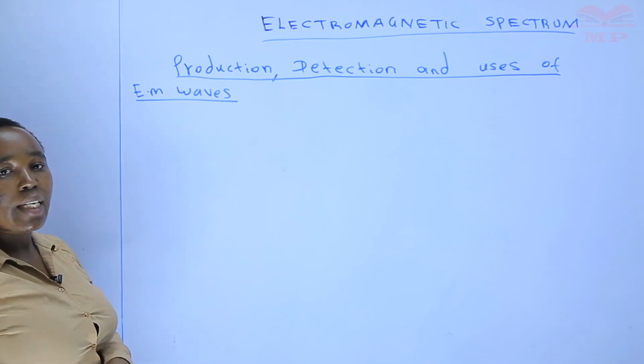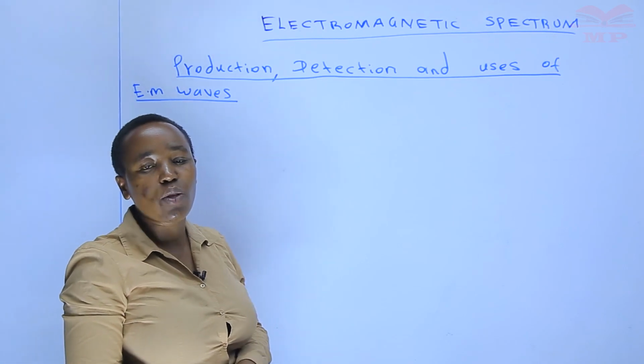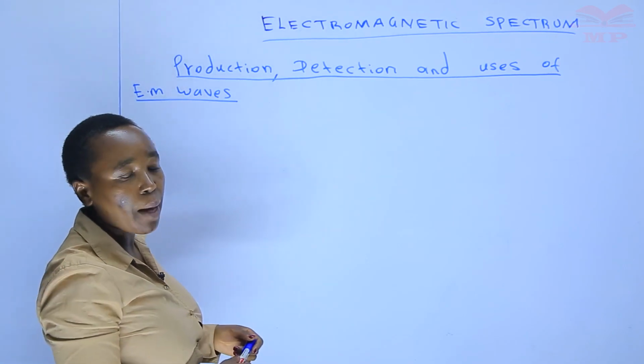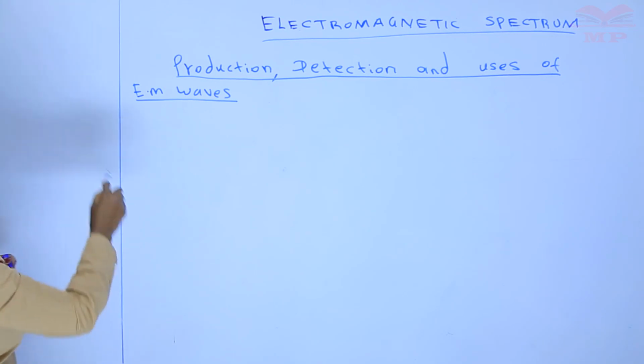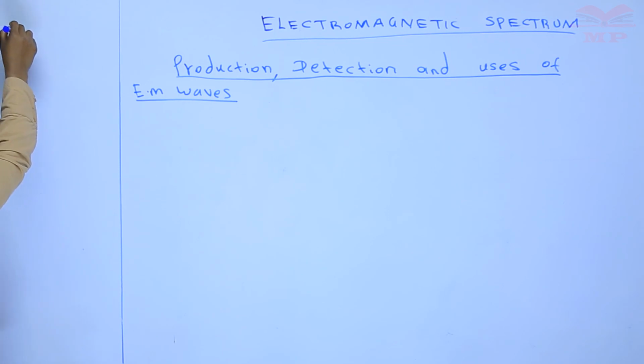Remember, we listed down those electromagnetic waves. We can do a recap in order of their increasing frequency. We start with the one that has the lowest frequency, which is the radio waves.